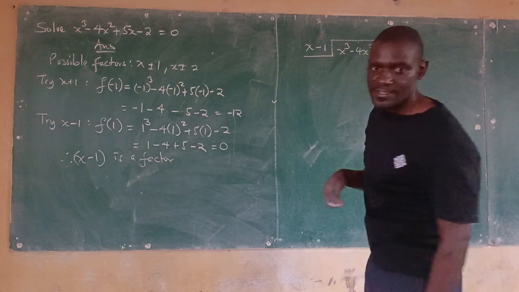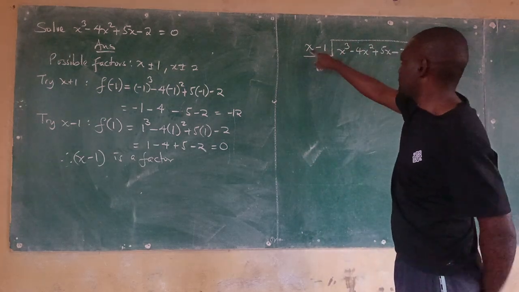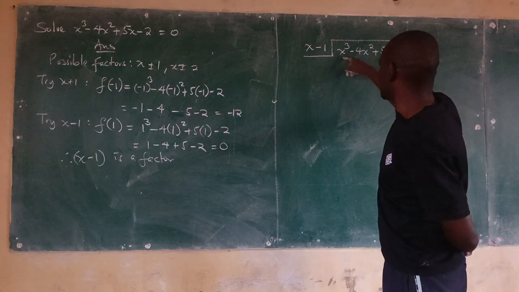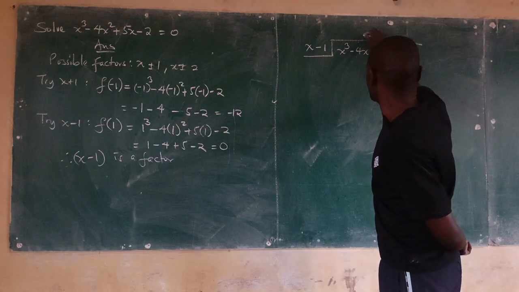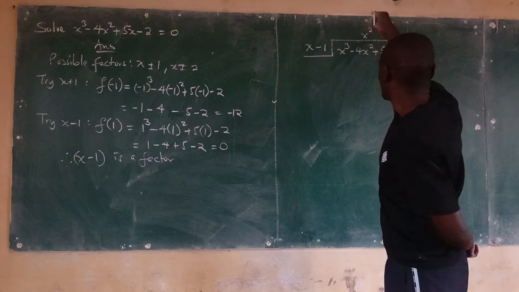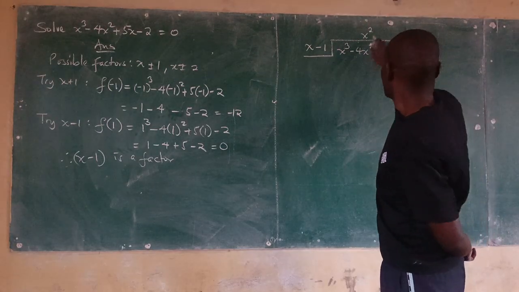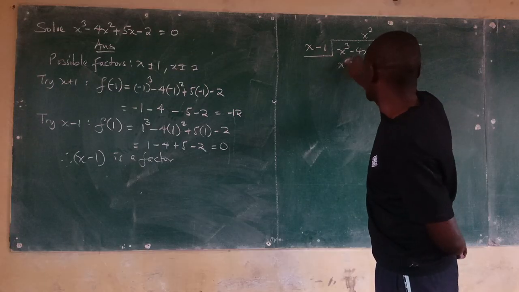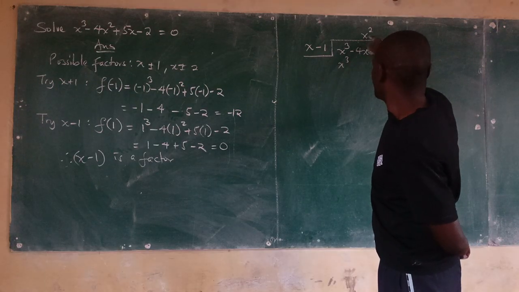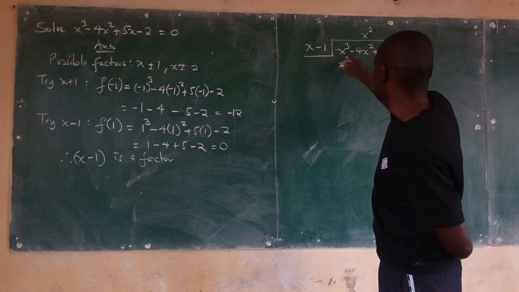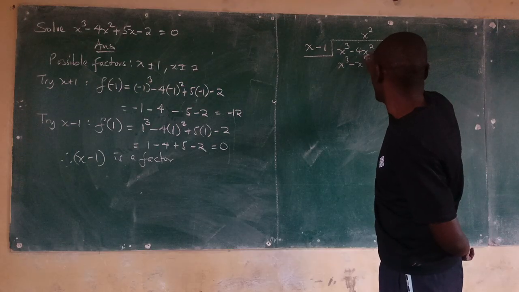Here we will divide the x into x cubed. It will give us x squared. If we multiply, it gives us x cubed, and then this times that is minus x squared.